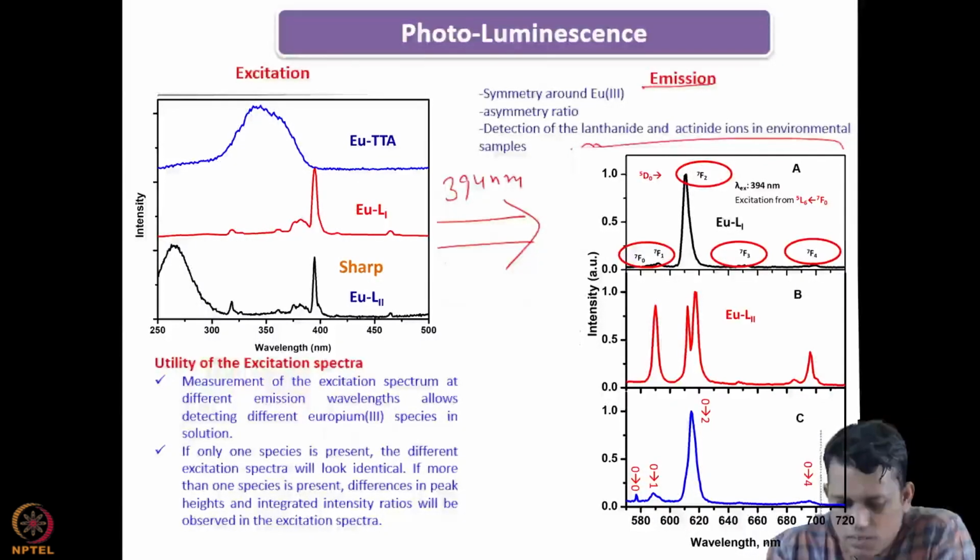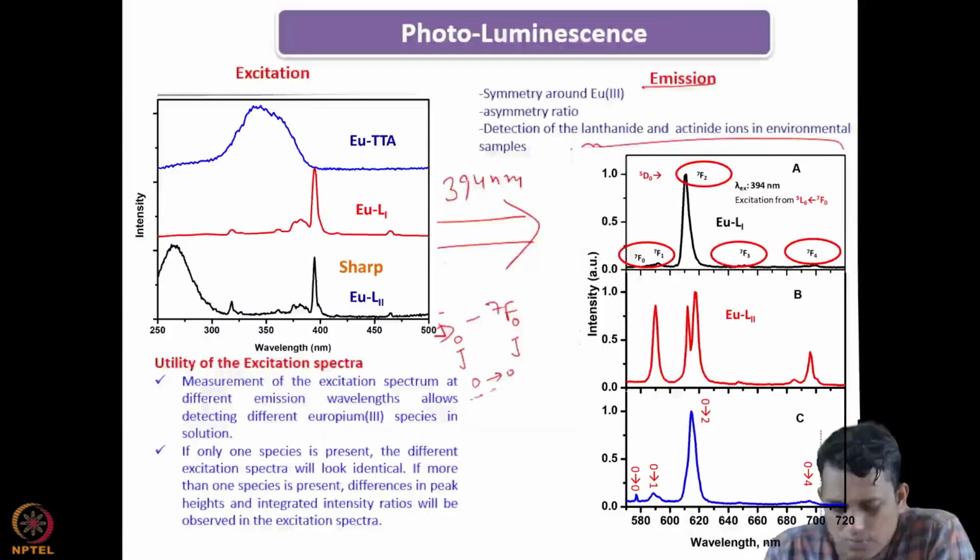Let us say the first transition, that is 5D0 to 7F0. Many times we just say this is J0 and this is J0, so many times we just say it is like a 0-0 transition. Sometimes I'm also using the term 0-0 transition. If you see this 0-0 transition, then this is 0-1, this is 0-2, like that. You can name them like that also.